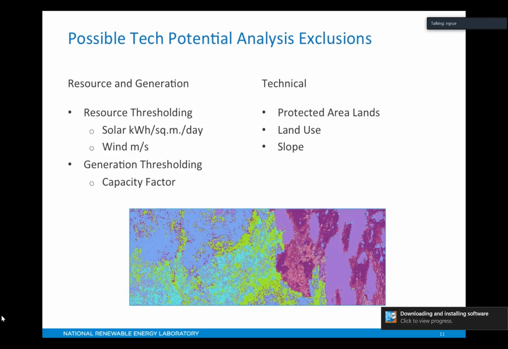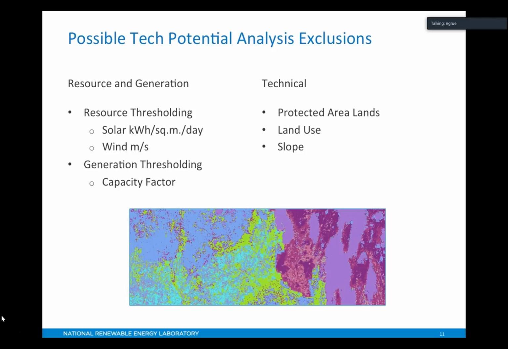By reducing the available area according to resource thresholding, that'll eliminate places where you're just not getting that much DNI hitting the ground. Generation thresholding has to do with the capacity factor, and so you can limit the available area based on that as well.